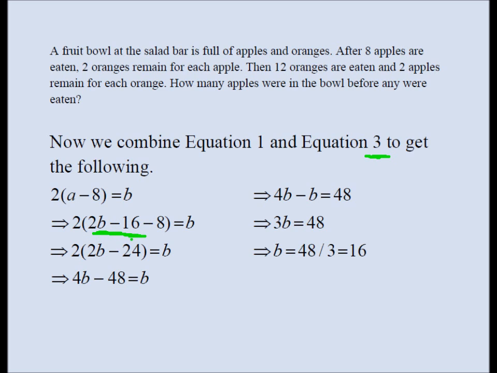I'm going to put it right here and do my algebra. Here I get 2 times 2B minus 24. Distribute 2 over 2B minus 24. You get 4B minus 48 is equal to B. You come here. You get 4B minus B is equal to 48. Then 4B minus B is 3B. You divide both sides by 3. You get 16. So B is 16.